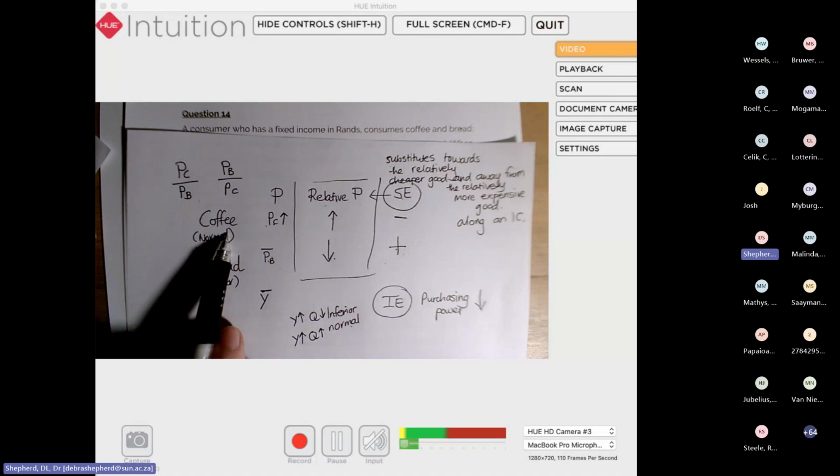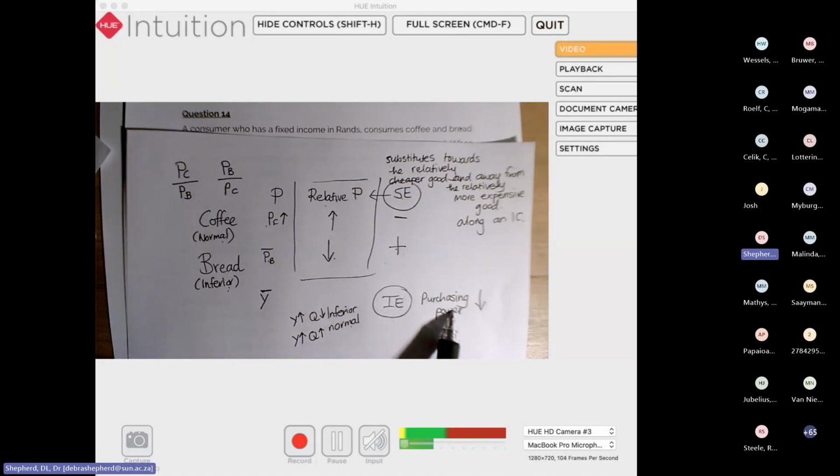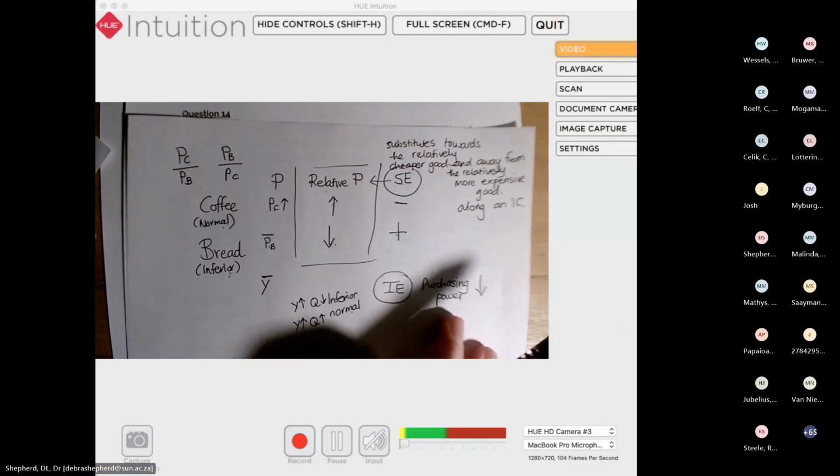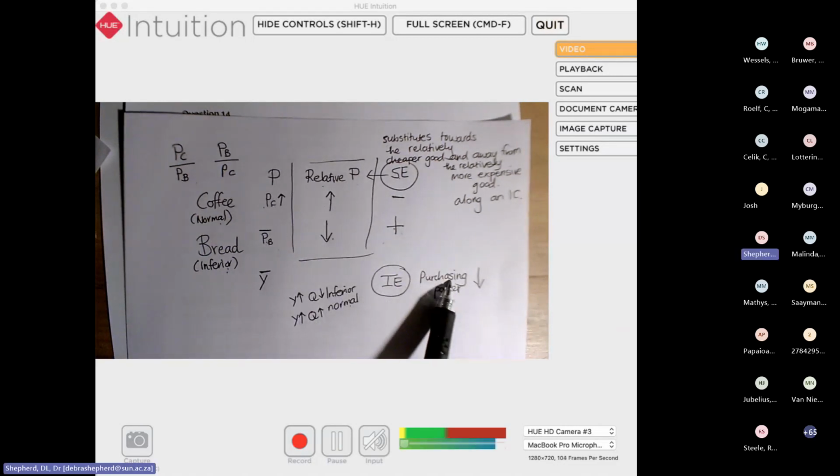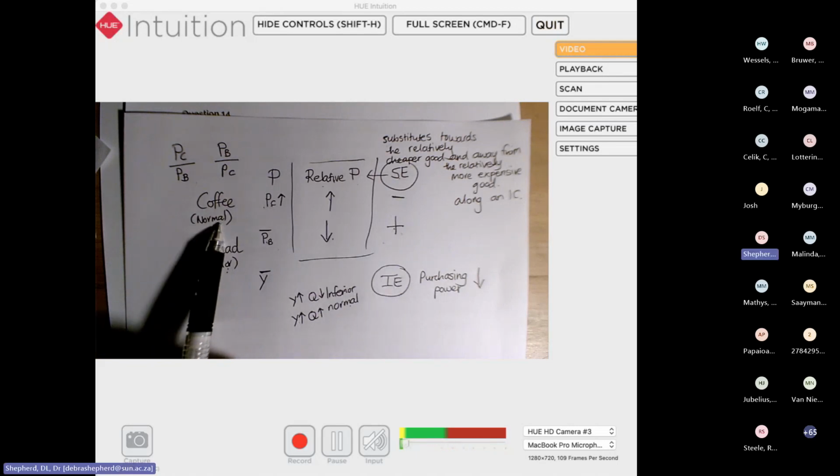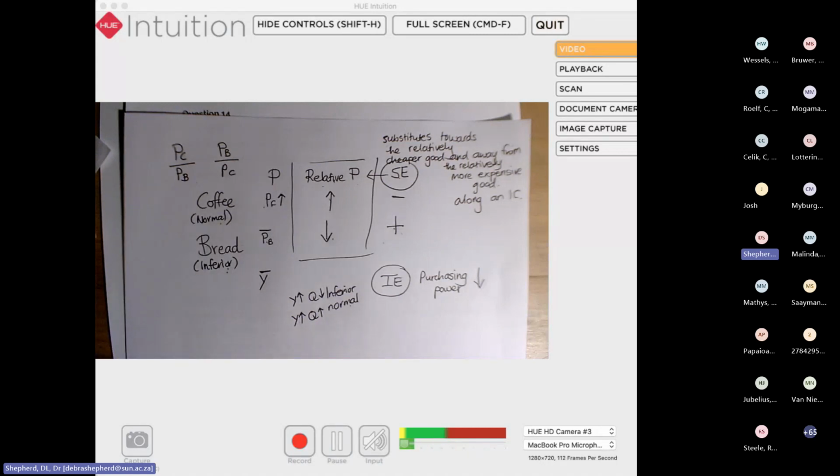So looking at this information in combination with the purchasing power, if I have less purchasing power and coffee is normal, is my income effect for coffee going to be positive or negative? So if my purchasing power goes down, and coffee is a normal good, is my income effect going to be positive or negative?